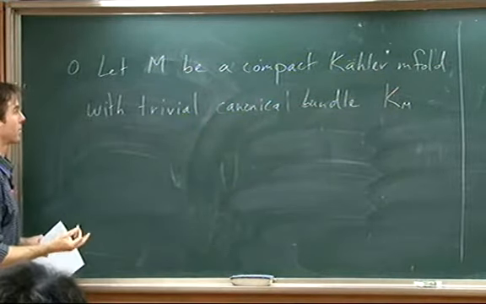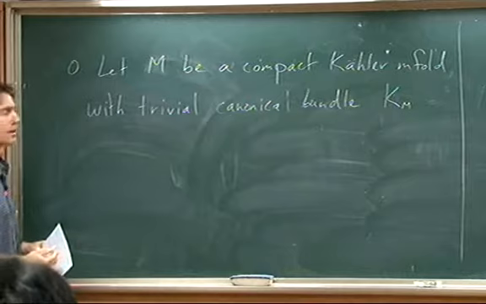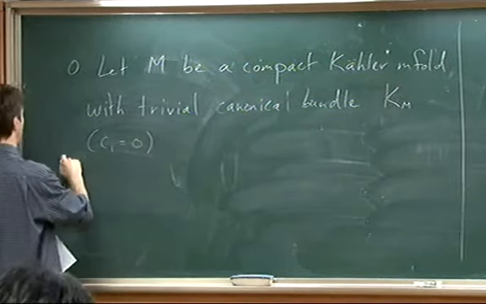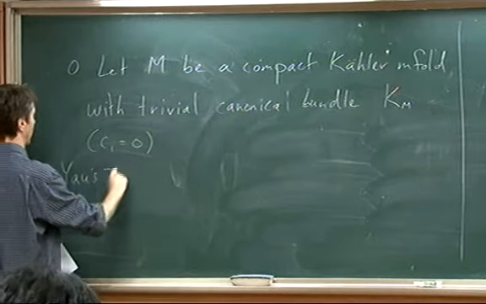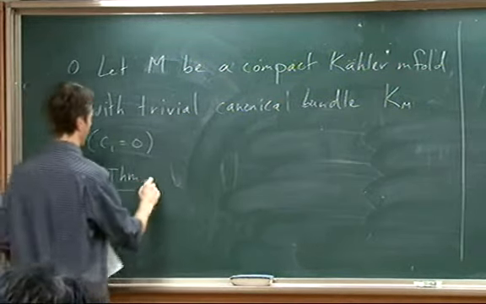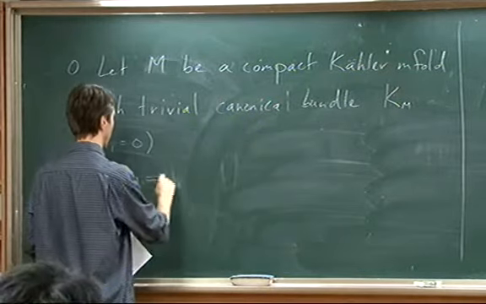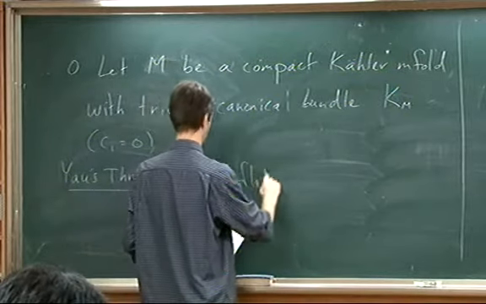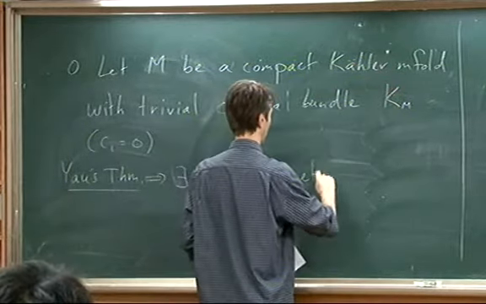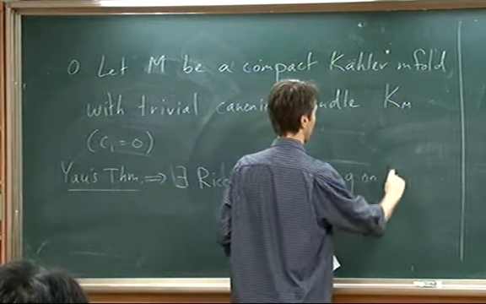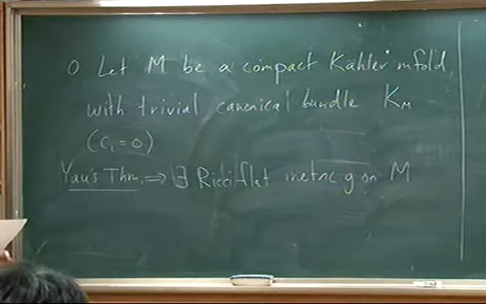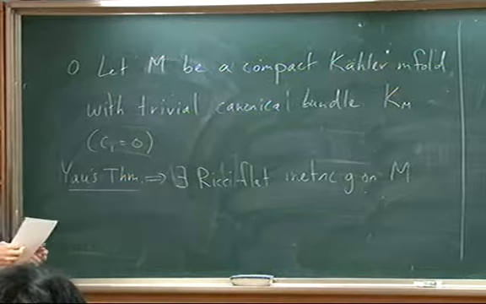Or in other words, trivial canonical bundle or vanishing first Chern class. So then by Yau's theorem, more precisely, in each Kähler class you can find a Ricci flat metric.